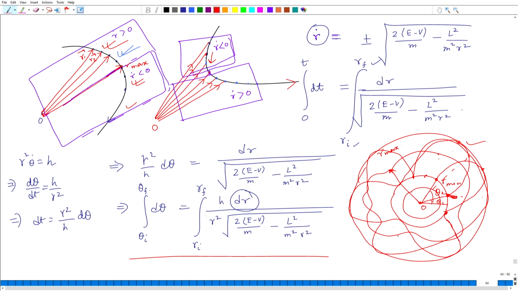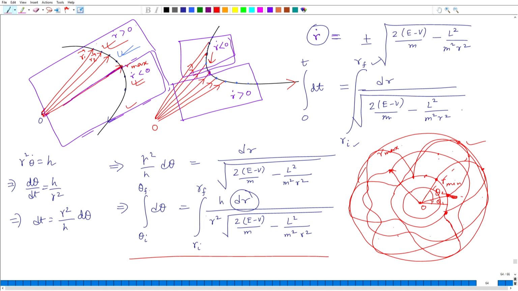Why am I saying a multiple of 2 pi and not simply 2 pi? That is also possible, because I can take another ring over here. Let us say the particle starts from here and goes like this, and did not touch this time, and after some time, let us say after 2 times roughly traversing this whole ring, the particle finally reaches here.